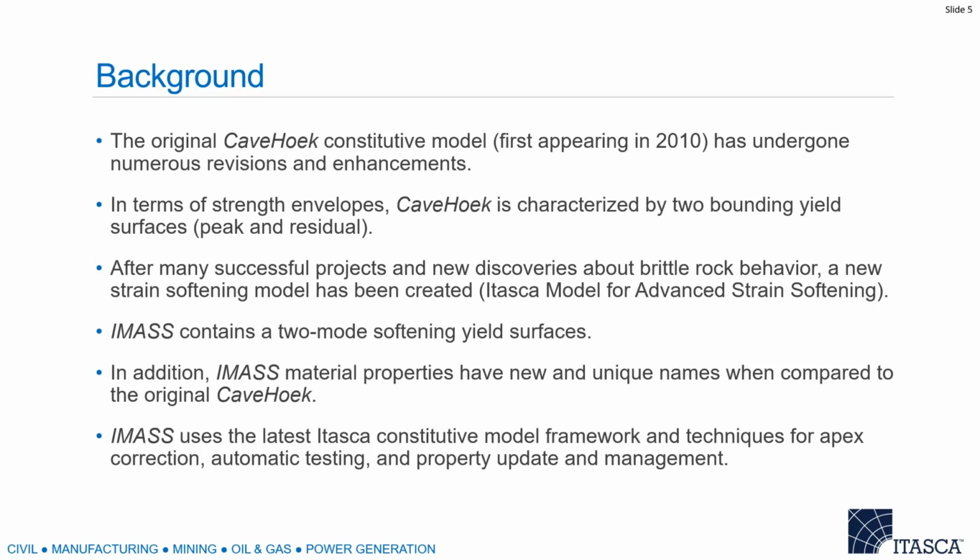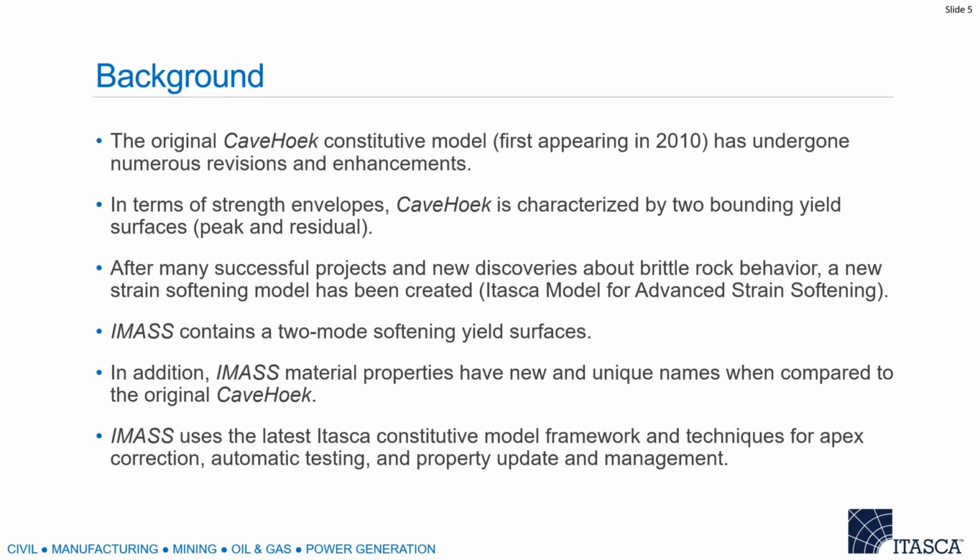IMASS, as opposed to CaveHoek, has two softening yield surfaces, basically three bounding limits that I'll go through later. In addition to that, IMASS has material properties with new and unique names that categorize different sources of input parameters: these parameters are input, these are calculated from the input, these are flags, and these are emergent properties that change during the simulation.